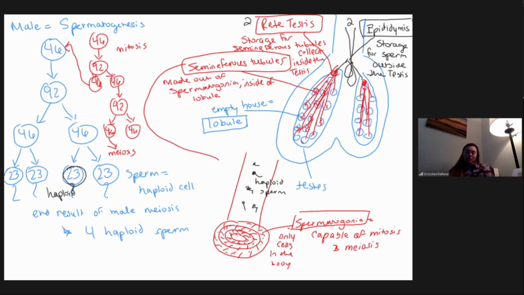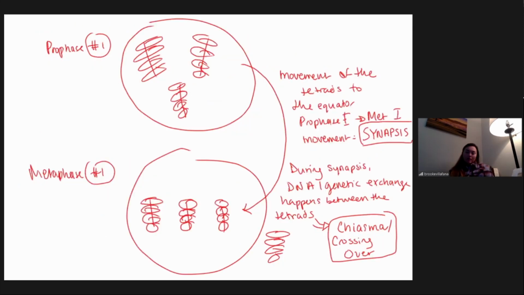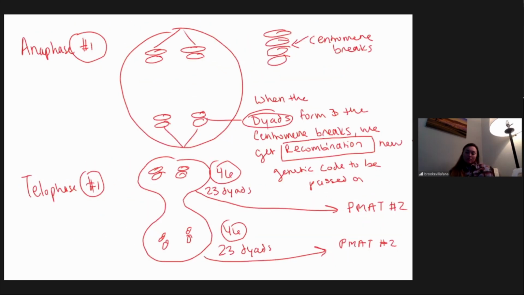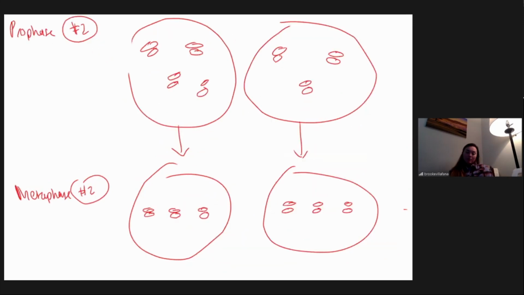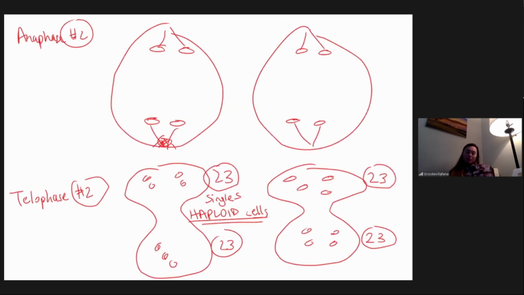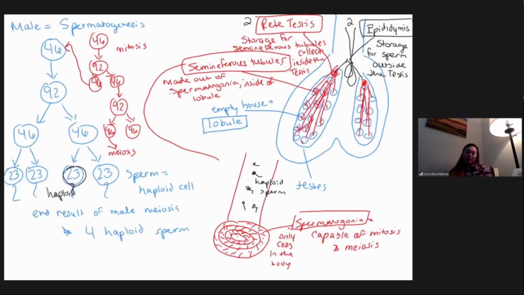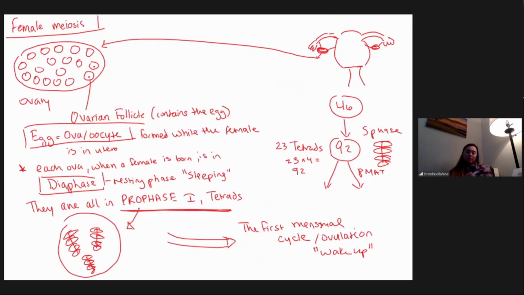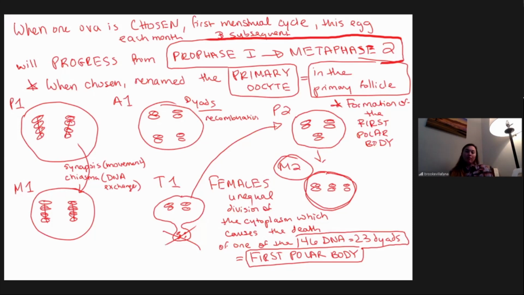So again, we talked about the process of meiosis. We went through that, and then we explained that in males, right? In males, we get the same exact process of meiosis repeating. And then when we go through females, we start out with the follicle, all diaphase resting. One is chosen to basically wake up. That becomes the primary follicle, which progresses from prophase 1 to metaphase 2.